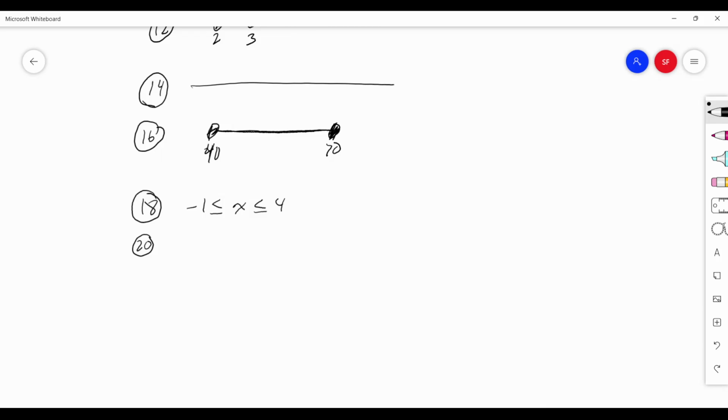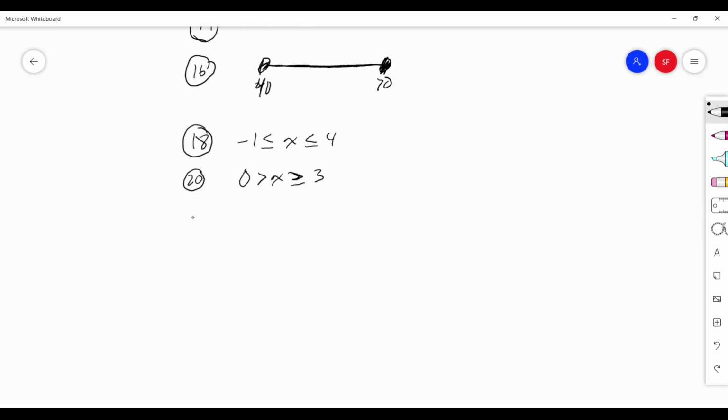So what I think would be the better way to write it than what they did is x is greater than, less, yeah, there we go, 0 is greater than x, and 3 is greater than or equal to x.